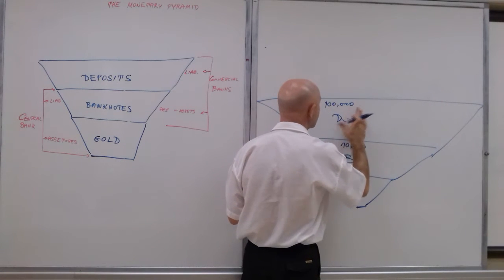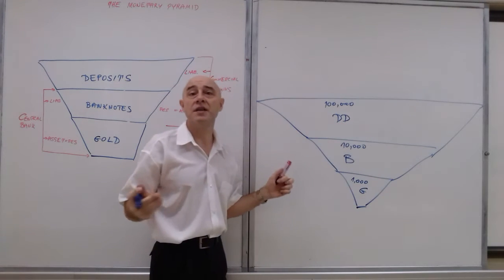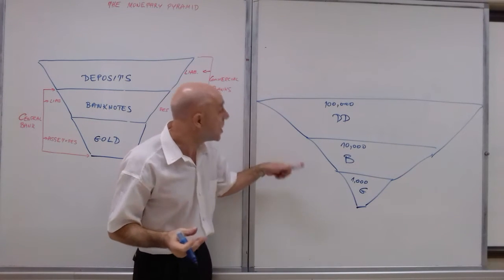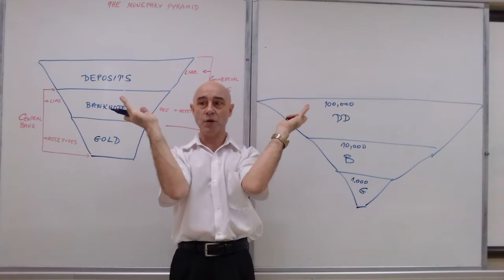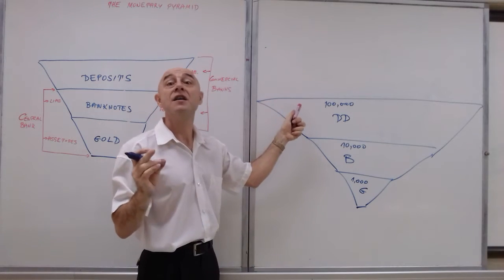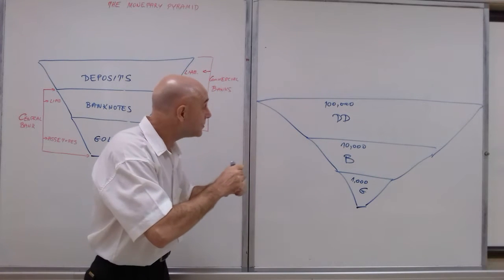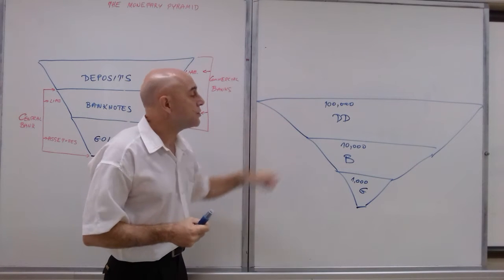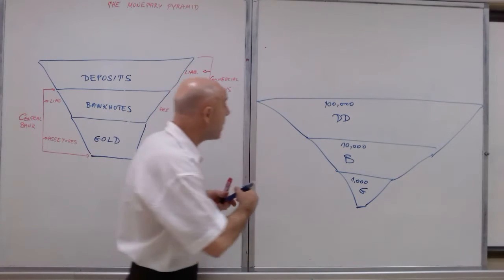Okay, I'll shorten them DD, which stands for demand deposits. Alright? So, the pyramid gets wider and wider and wider as the multiplier increases.